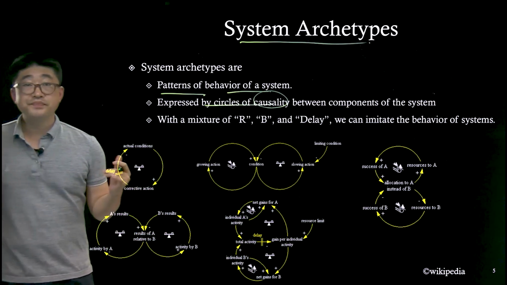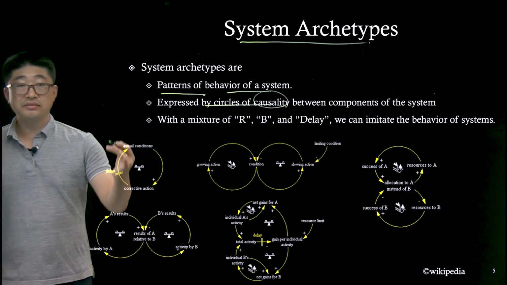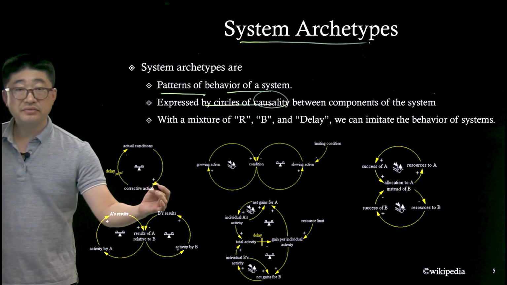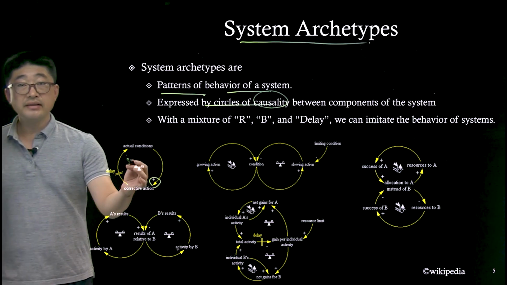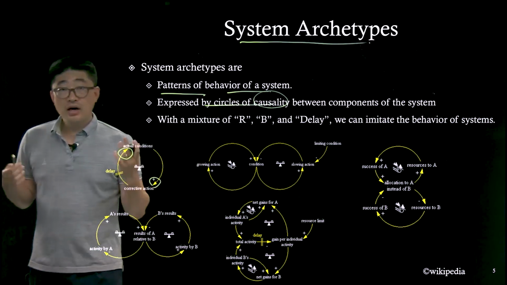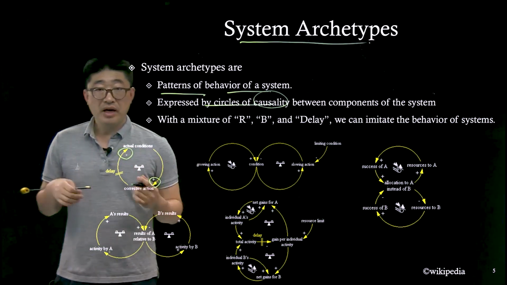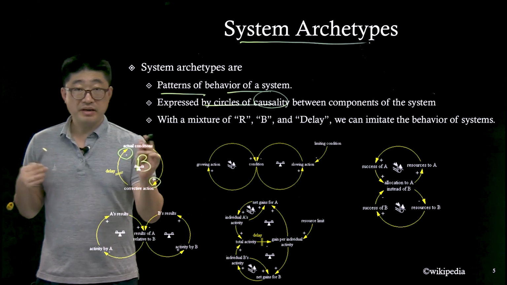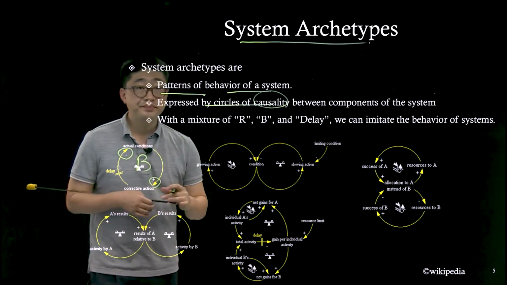For example, let's say this has a positive causal link and a negative causal link, so that we have an odd number of negative causal links, meaning that this is going to be a balancing loop.